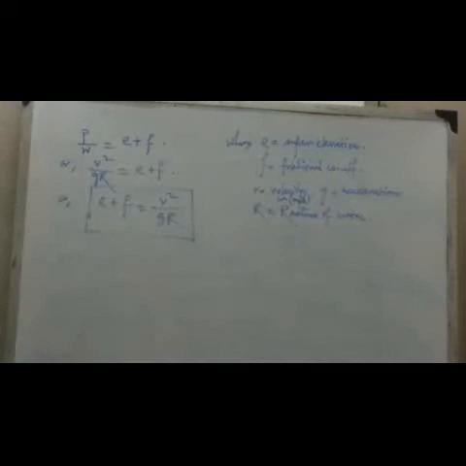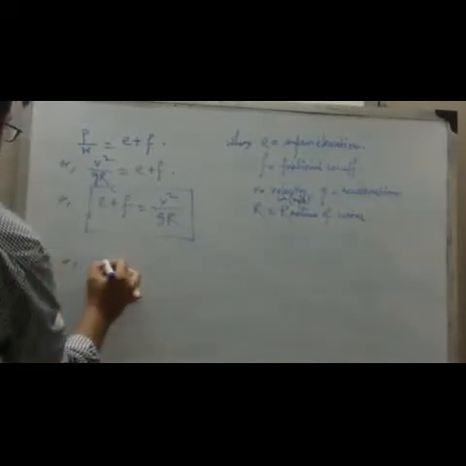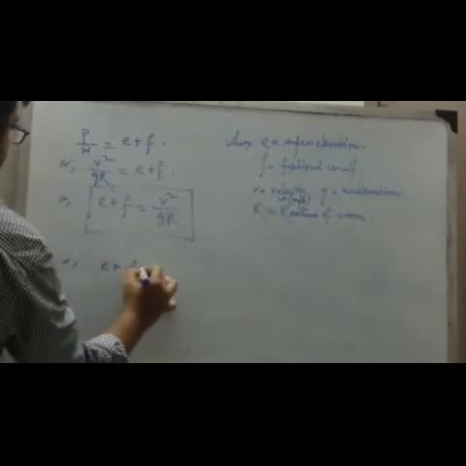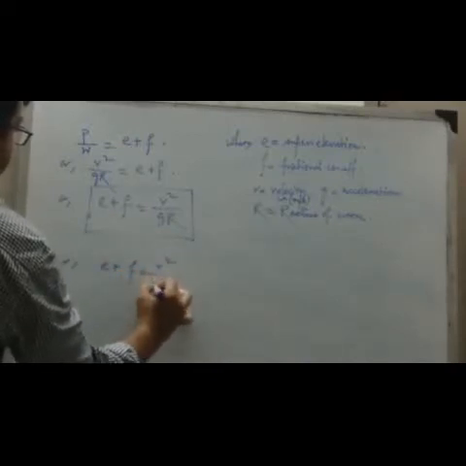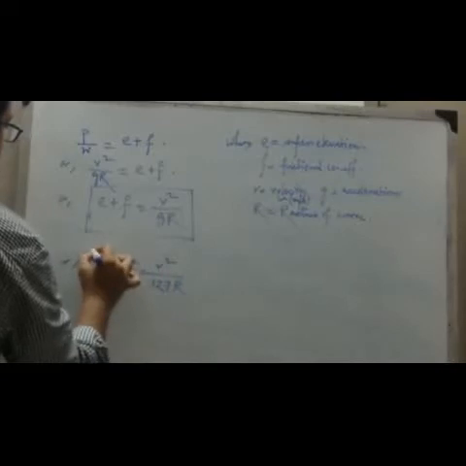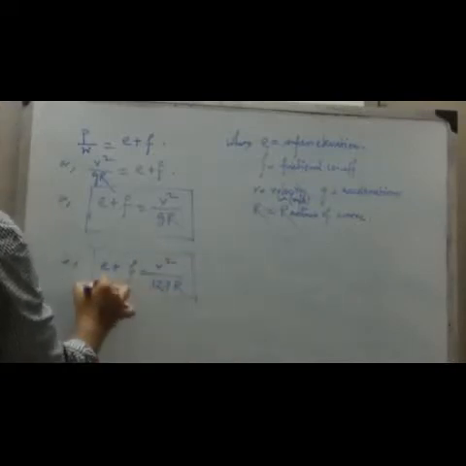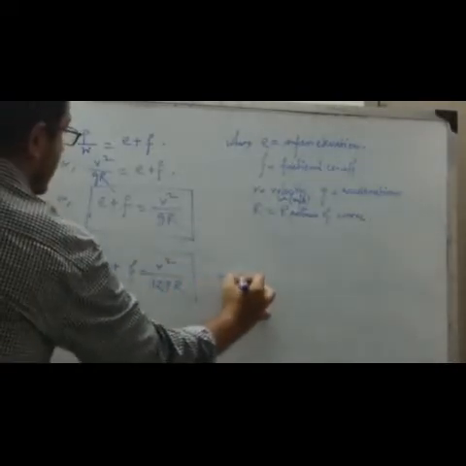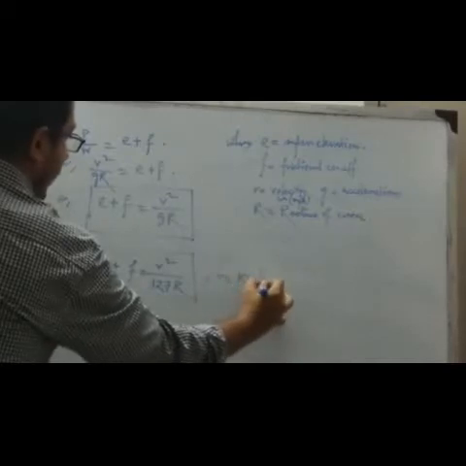If we convert this into kilometer per hour, then the equation should be e plus f equals V square by 127 R, where the value of V should be in kilometer per hour. Okay.